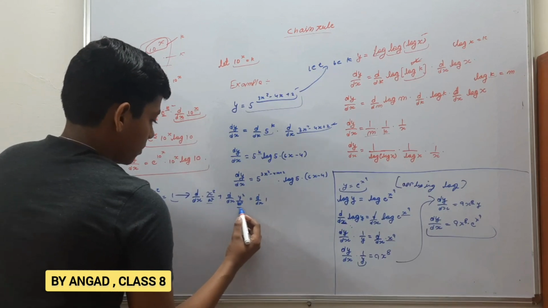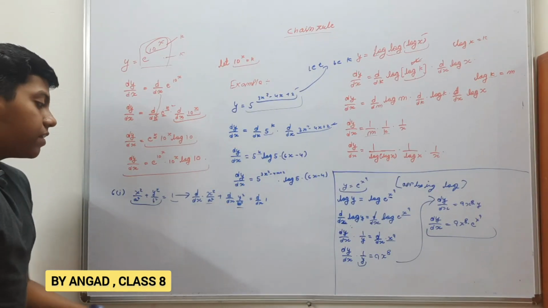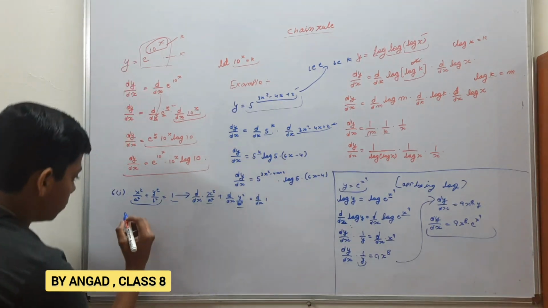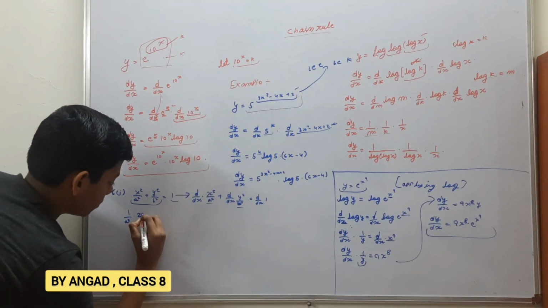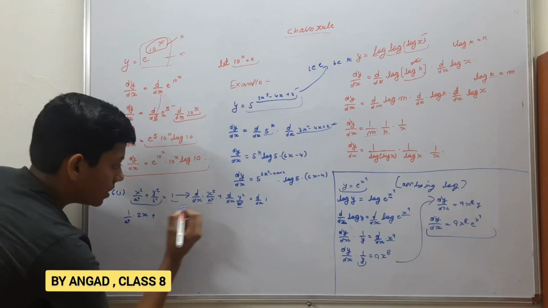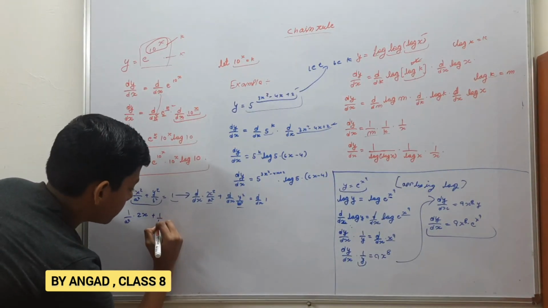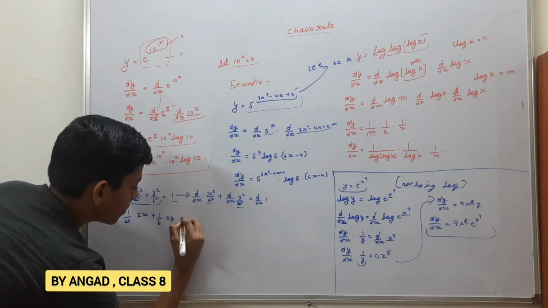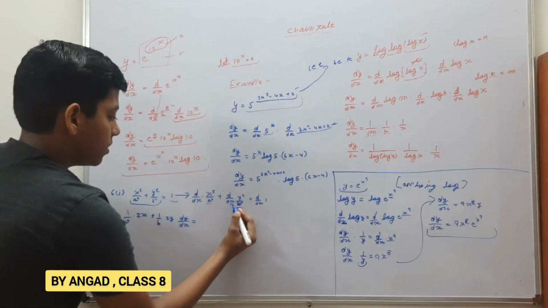Here it is not stated that a and b are separate variables, so we will take them as constants. So it will be 1 by a square d by dx of x square, so it will be 2x, plus d by dx of y square, so 1 by b square into 2y, and we will write dy by dx as it was.